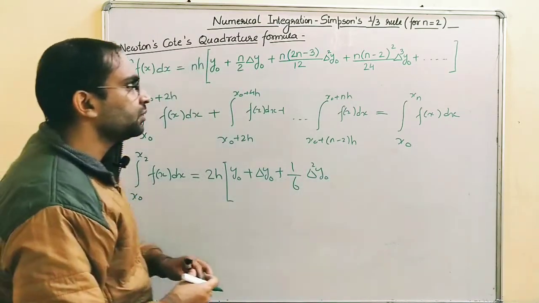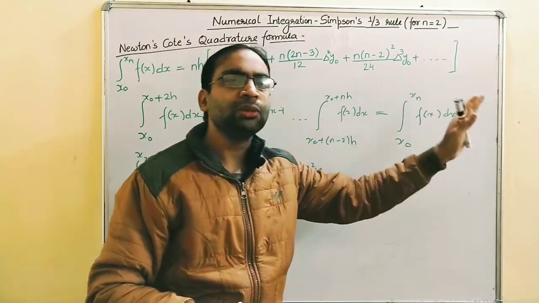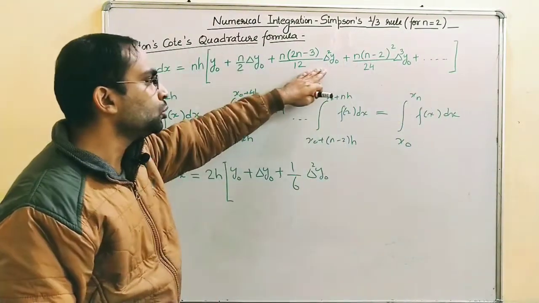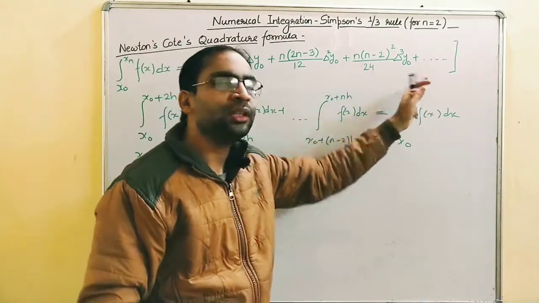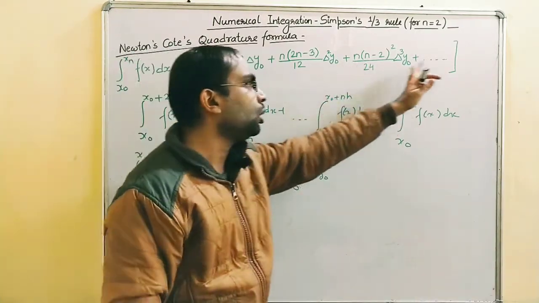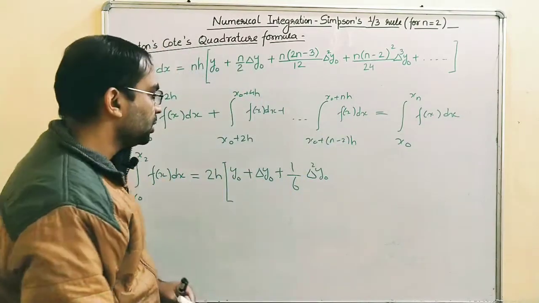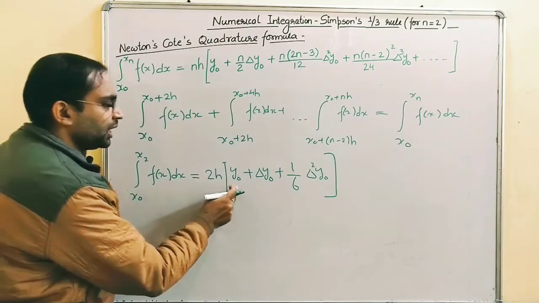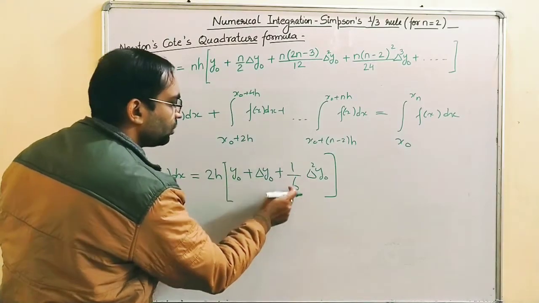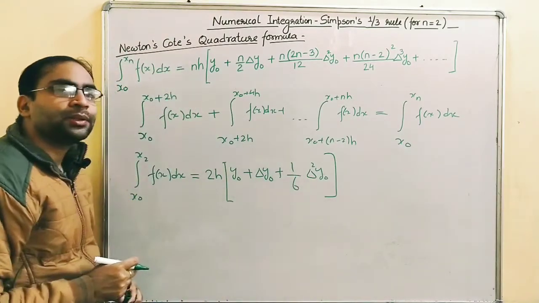And as this is for n equal to 2, we need to keep the terms only till degree 2, and we will ignore the terms with higher degree. So we will ignore all the terms after degree 2. So now this will be 2h [y0 plus del y0 plus 1 upon 6 del 2 y0].